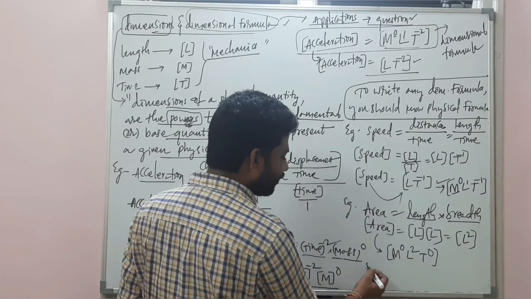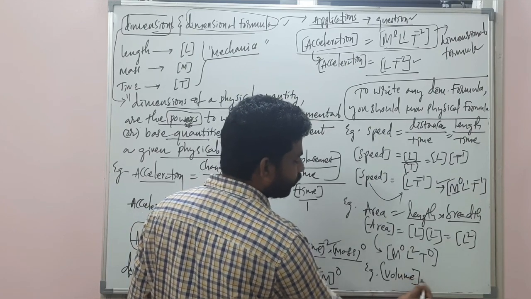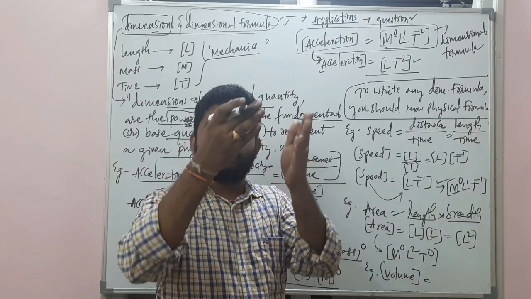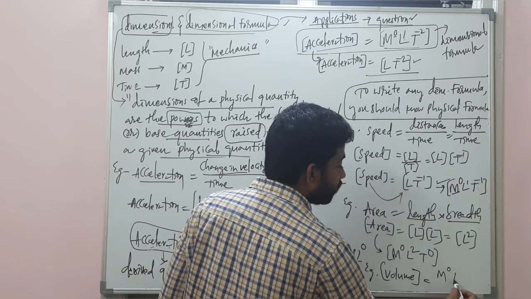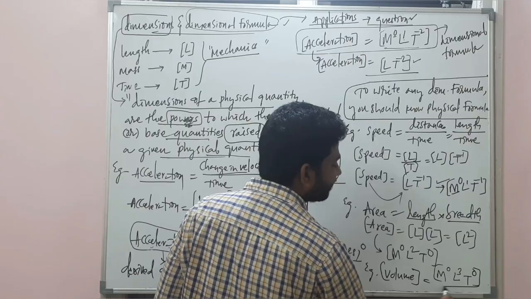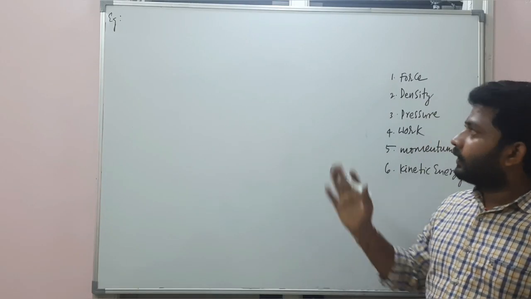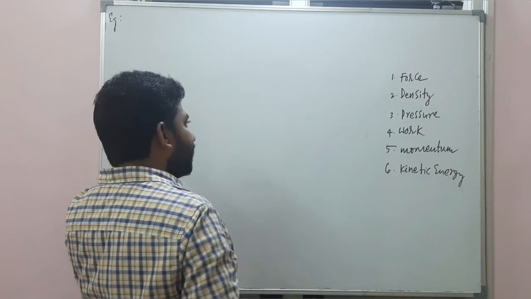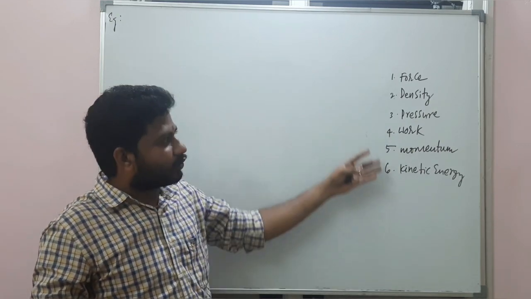In the same way, you get the dimensions of volume. Volume is length into breadth into height, or length into length into length, which is M0 L to the power 3 and T0. Understand? You get it like this. Well, my dear students, see here. There are 6 physical quantities I have taken.